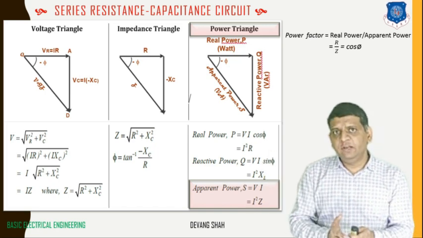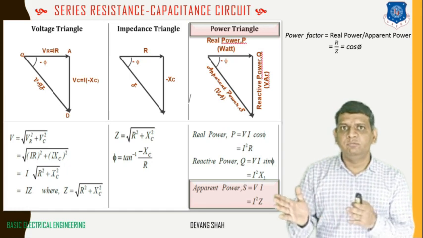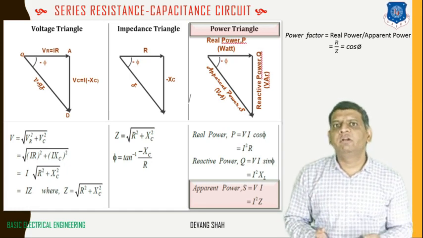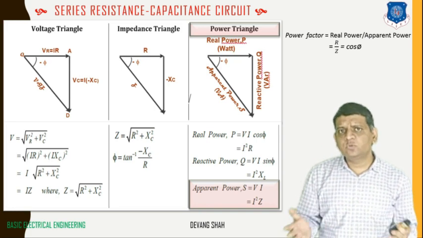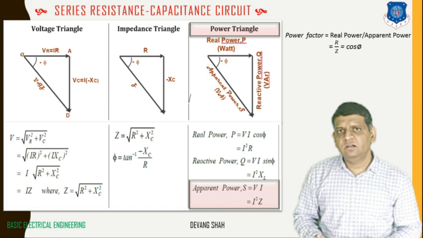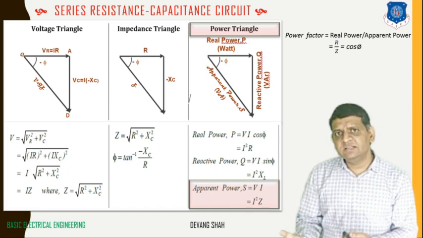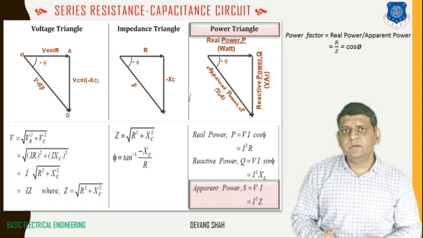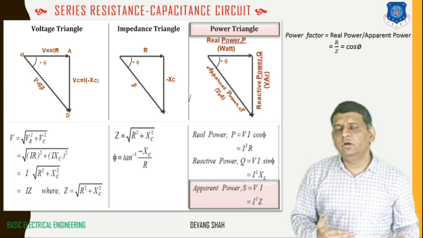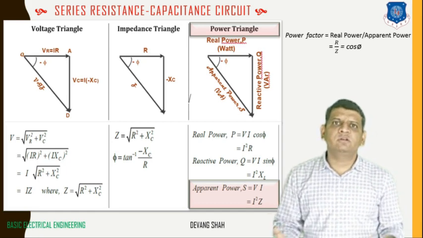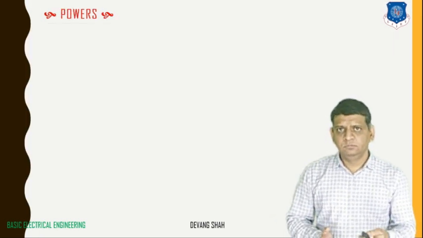Now, the value of power factor is always between 0 and 1, and maximum it can go to 100%. So if you design a very good series RLC circuit or series RL, series RC circuit, the power factor must be between 0.7 and 1. So the range of this power factor is from 0 to 1, right?